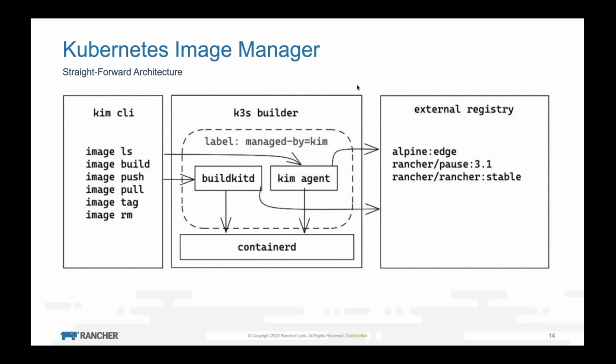It also sits in front of the CRI or containerd, and does the Docker-like things that you would expect. One of the other things that the Kim agent does is it is a true remote for the CRI backend.